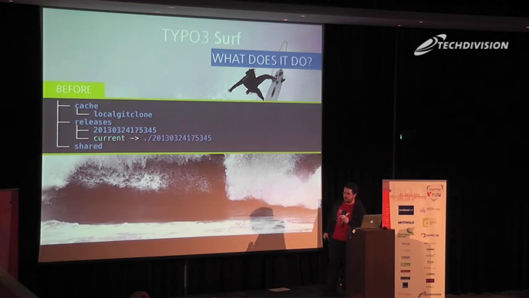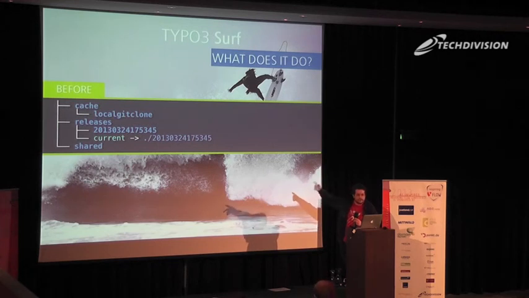And in your release, you can then put a symlink into your shared directory, and the data inside this directory stays persistent on all releases. No, the shared directory is not touched by Surf. So if you just have a symlink in your release pointing to that directory, it will always work.